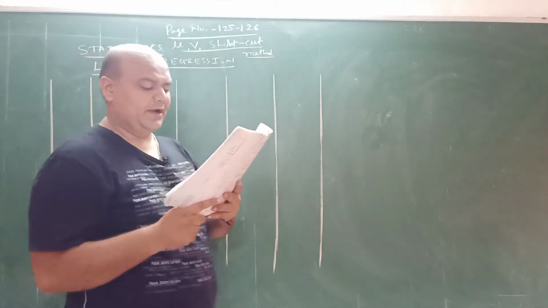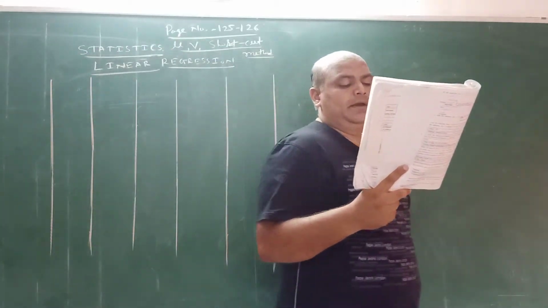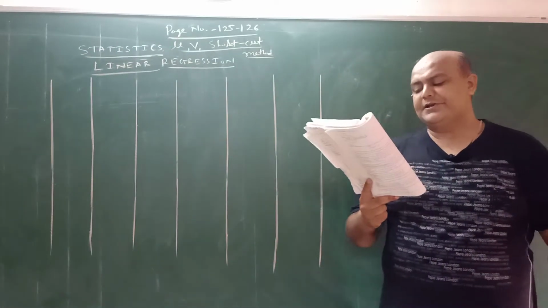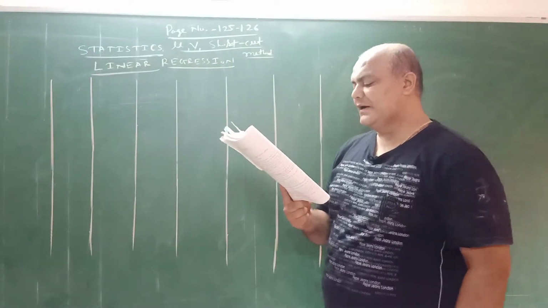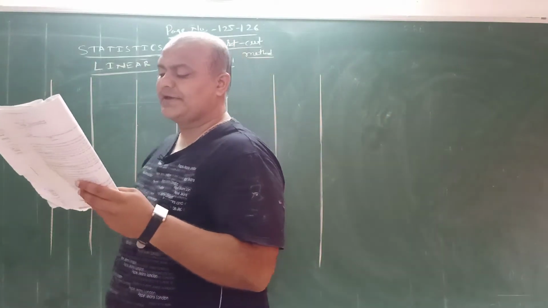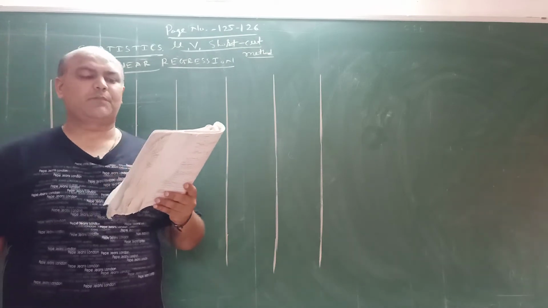On page number 125, the sum is: in order to determine the relationship between monthly income in 1000 rupees and monthly expenditure in 1000 rupees, 2 variables are provided.